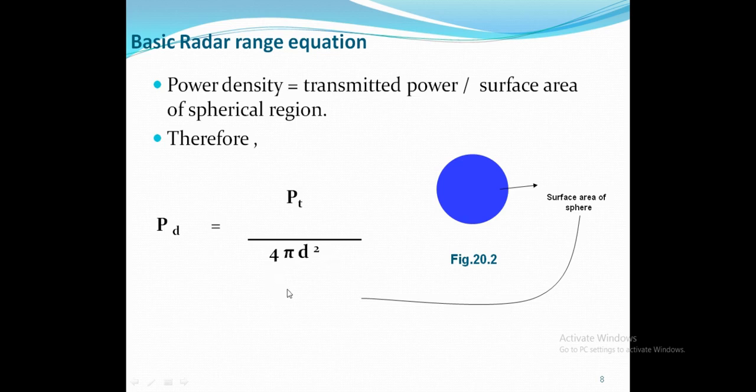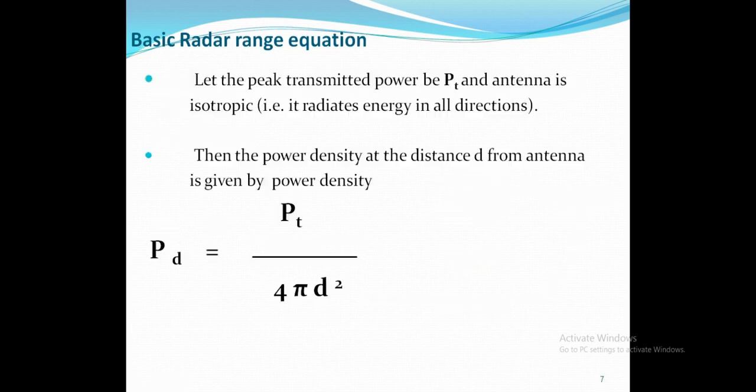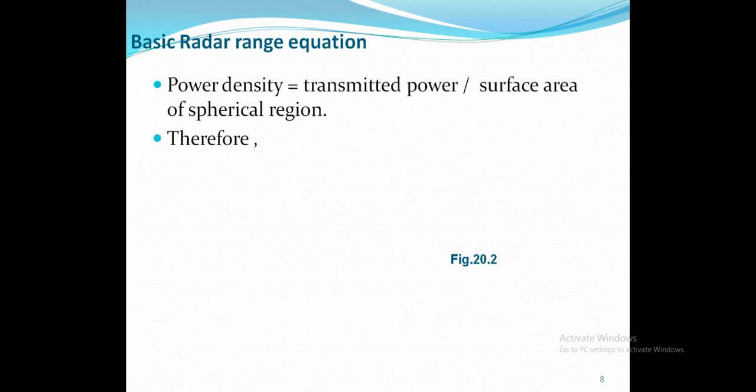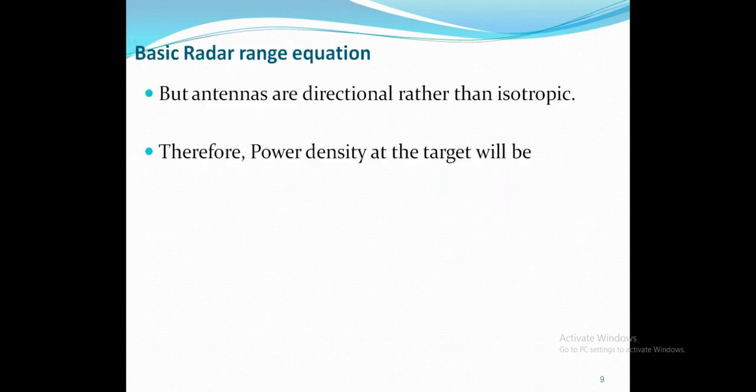Next, the antennas are directional rather than isotropic. Therefore, the power density at the target is equal to G PT by 4 pi d square.